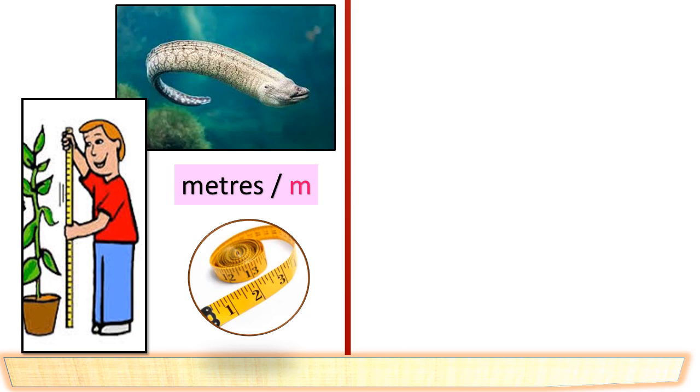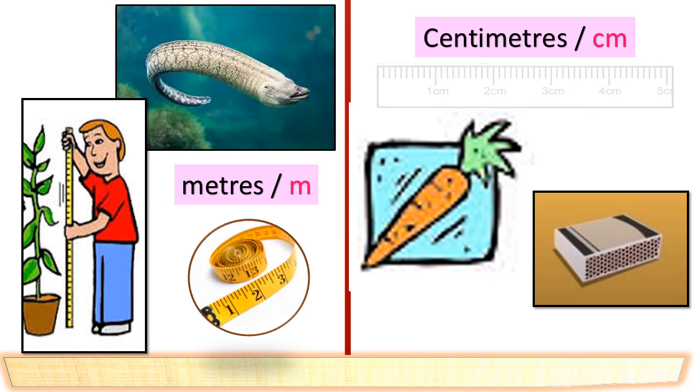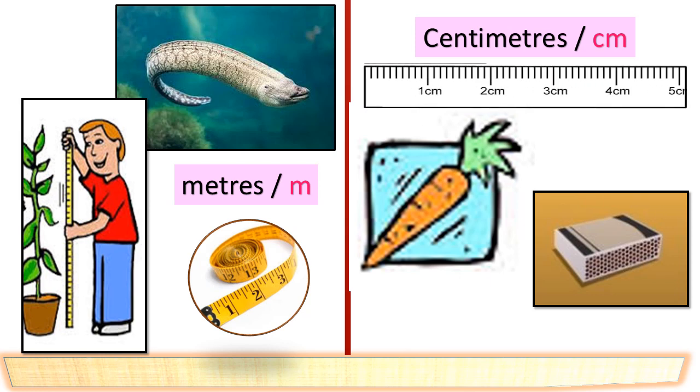And what unit of length will you use to measure the length of a carrot and a matchbox? Correct. Centimeters. cm here represents centimeter. We will measure it with a ruler. Remember, we measure small length in centimeters and long length in meters.